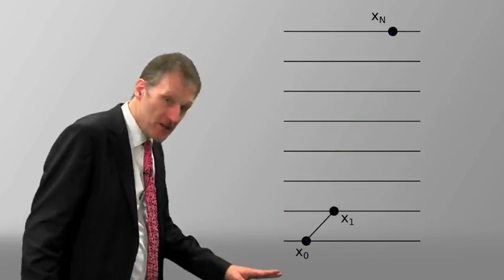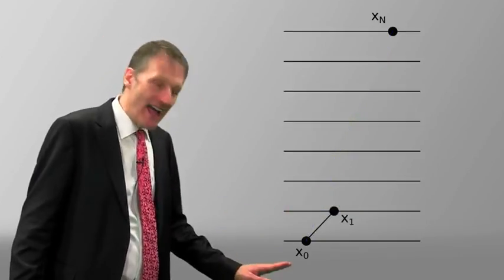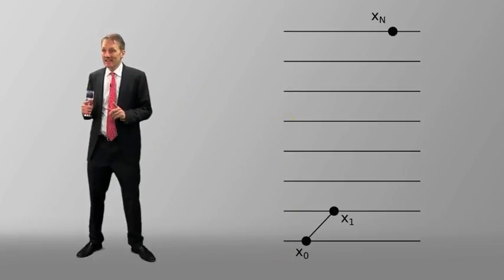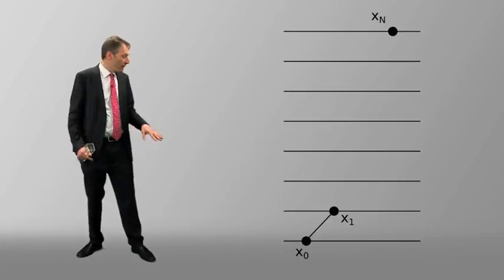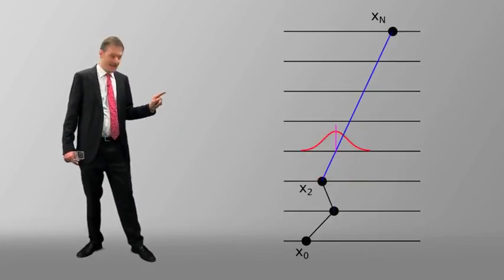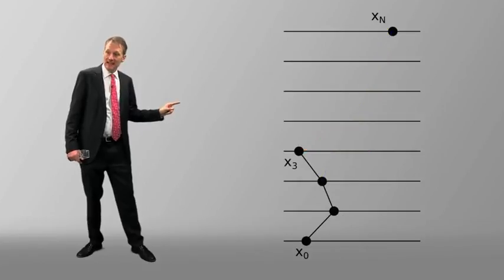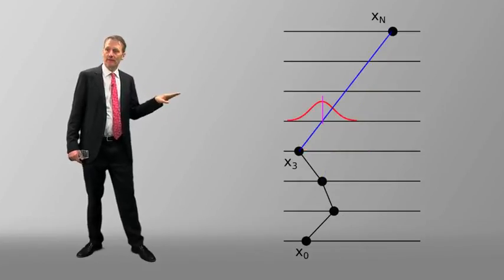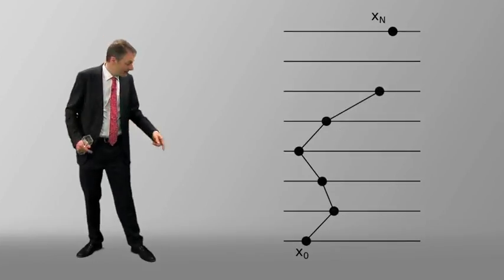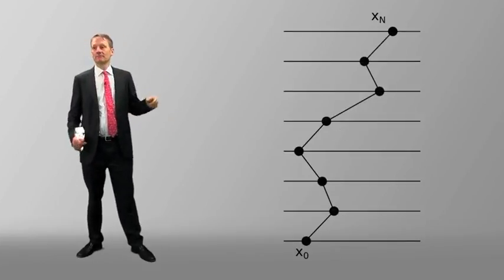Between the freshly sampled value of x1 and xn, we can then sample the value of x2, and then of x3, and then of x4, and eventually the entire path.